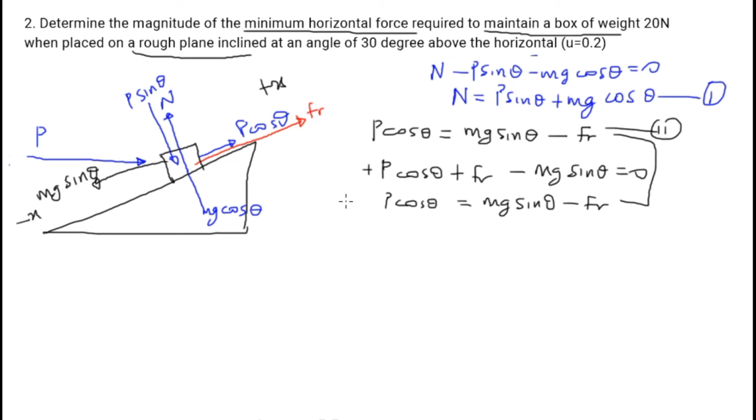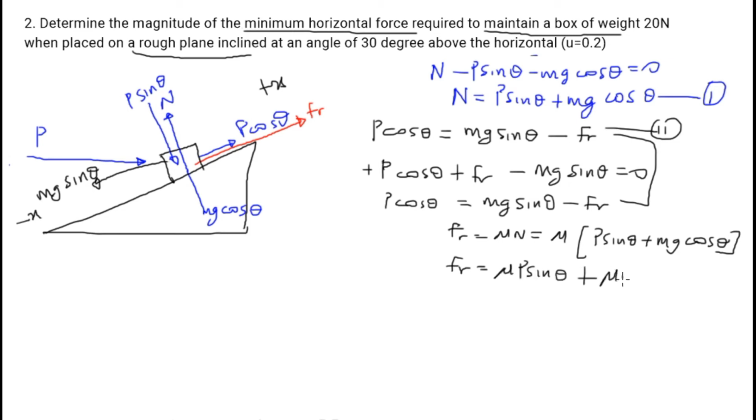Okay, so what we actually need is P. So we need to substitute an equation for Fr. Recall that Fr is mu n, where n is given in equation 1 as P sine theta plus mg cosine of theta. Okay, so Fr is equal to mu P sine of theta plus mu mg cosine of theta.